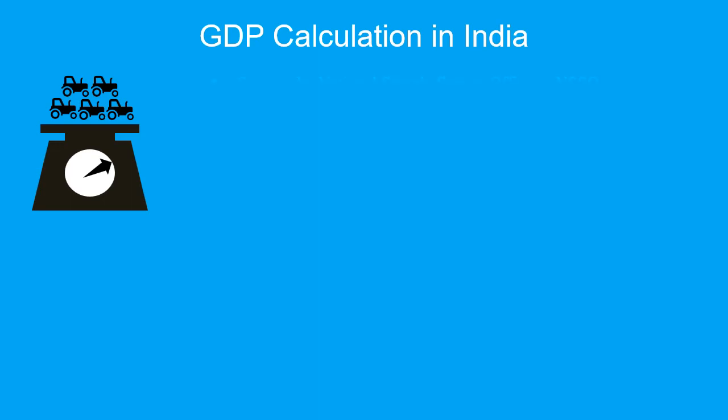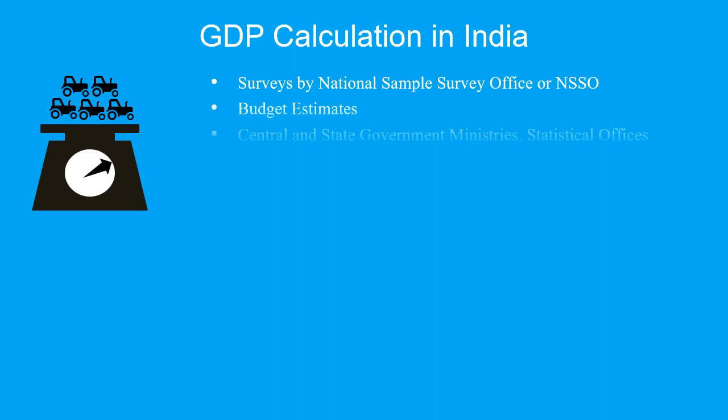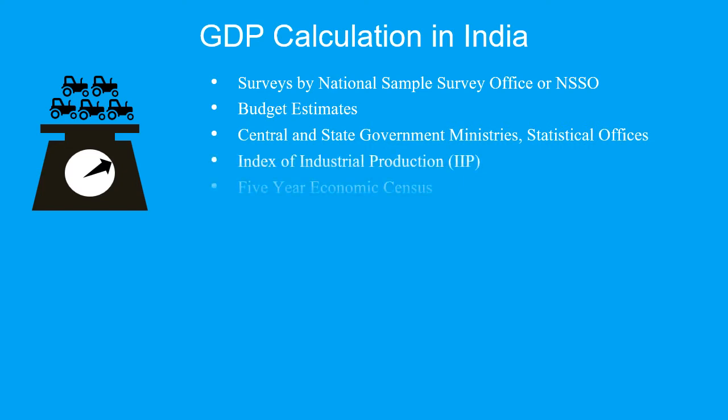The most prominent source for this information is the survey by the National Sample Survey Office, or the NSSO, which comes under the National Statistical Office. Apart from this, the estimates used in making the national budget, the information received from the statistical offices of the central and state government ministries, and the Index of Industrial Production, popularly known as IIP, are used.